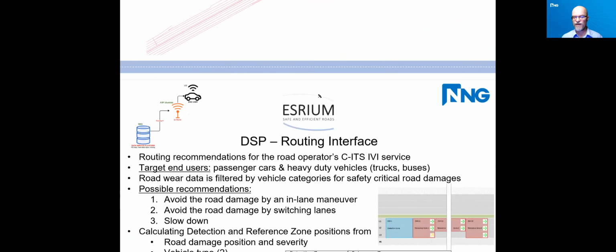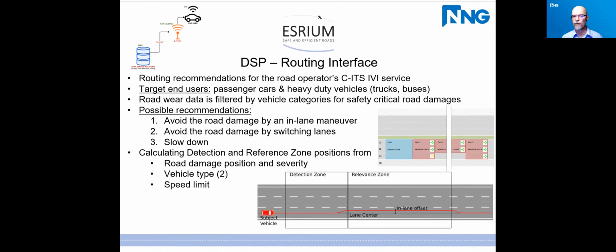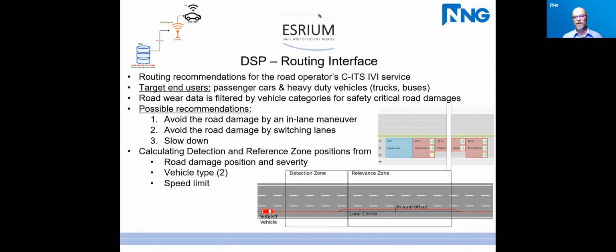Another very interesting interface is the so-called routing interface. This routing recommendation coming from the data service platform is using the road operators' cooperative ITS IVI service. IVI service is implemented by the different ITS station units, roadside units. But we will also need to provide the accurate information according to the standard 19321 of ISO.